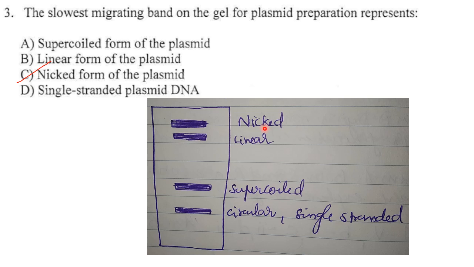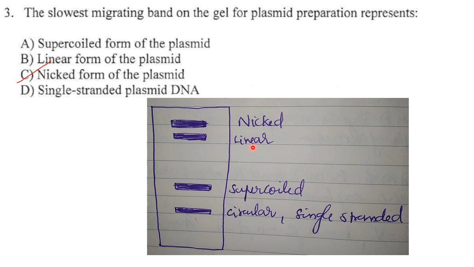Cellular topoisomerases nick one strand of the DNA helix to relax the superhelical tension, and thereby it favors the binding of the DNA polymerases. So this is the slowest migrating form in an agarose gel. Then linear occurs when the DNA helix is cut in both the strands at the same place, and it is found between the nicked and the supercoiled forms.